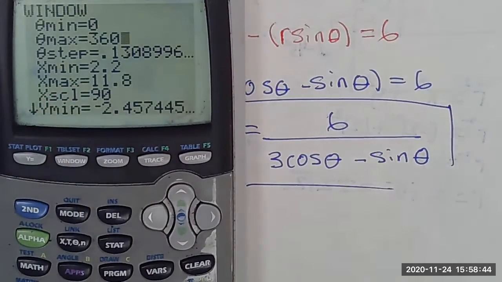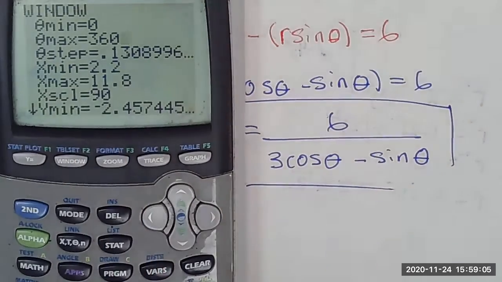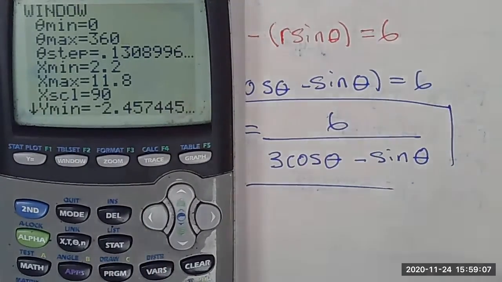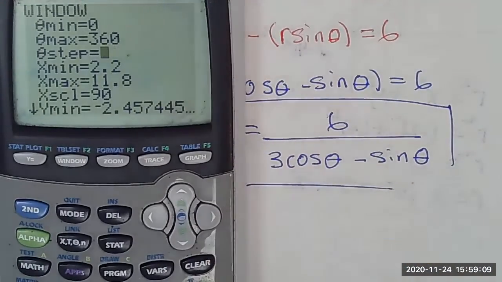Okay, now the theta step. Remember the table of values when we do a table feature? I might have shown you a table setup. The table setup will say, what increments do you want the table to use? Like 1s, 2s, every 2. So this is saying, what increments of angles do you want? Like, what do you want to start with plugging in? Well, 0.